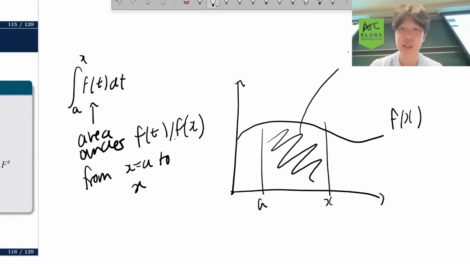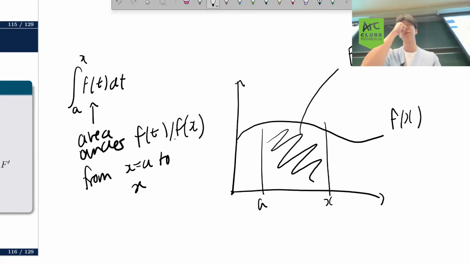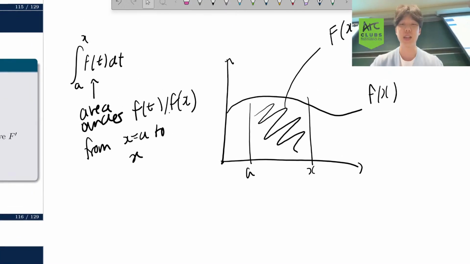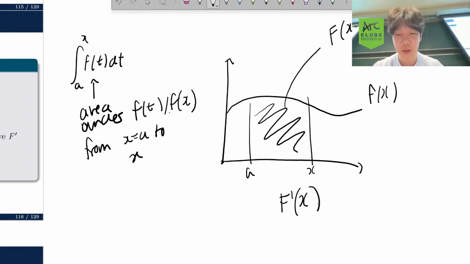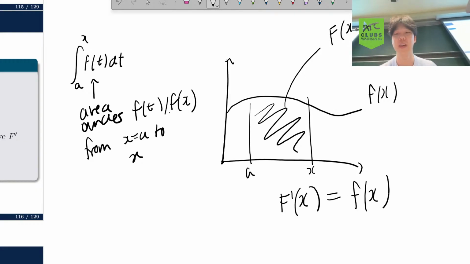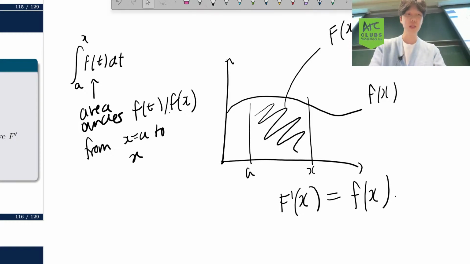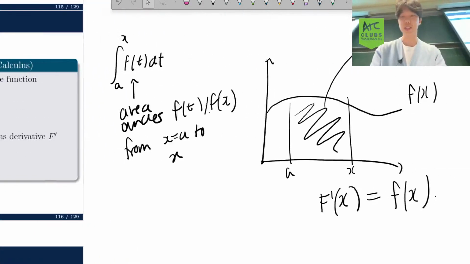If I call this capital F(x), what the first fundamental theorem of calculus states is that if I find the derivative of the area, or in other words, the rate of change of area as x changes, it's just going to give me f(x) back. That's essentially just what it says.